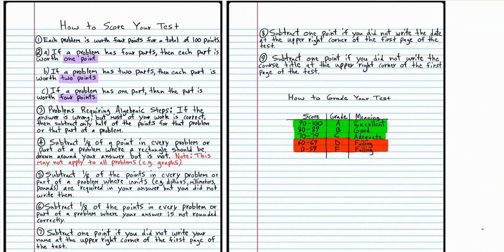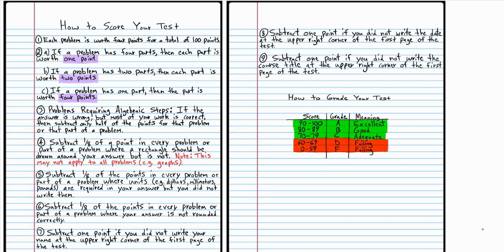Score the test, pause the video. Your score should be between 0 and 100, or possibly 100 if you got a perfect score. So pause the video, score your test, and when you come back, push play, and I'll go over how to grade your test.